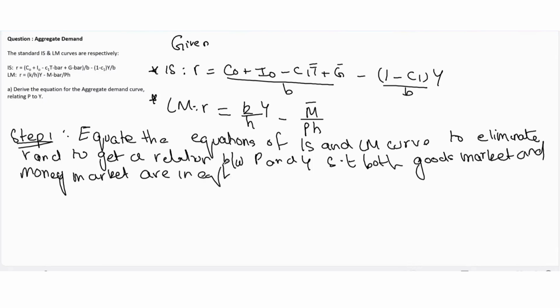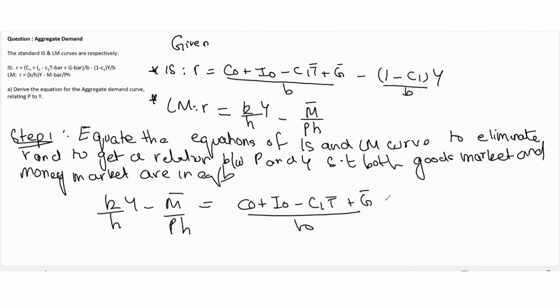So we equate the equations of the IS and LM curves. We have the LM equation, k h Y minus M bar by P h, and then the IS relation, which is (C naught plus I naught minus C1 T bar plus G bar) by b minus (1 minus C1) by b Y, right?